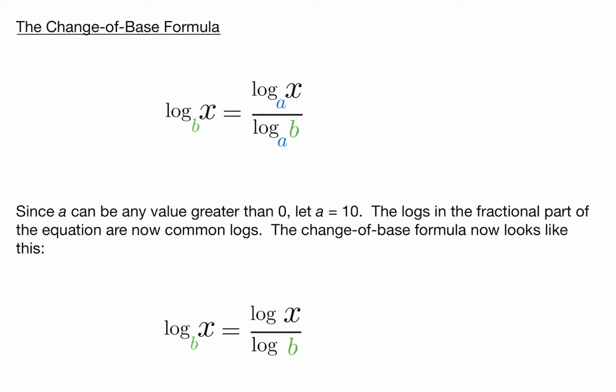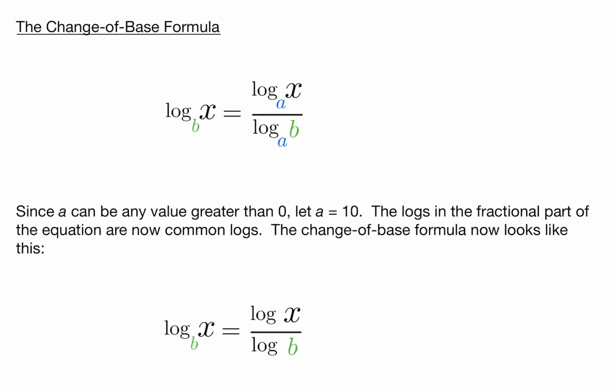What that essentially says is that the log of a number, base b, is the same thing as the log of that same number with a different base divided by the log of b, which has the same base that you used in the numerator.